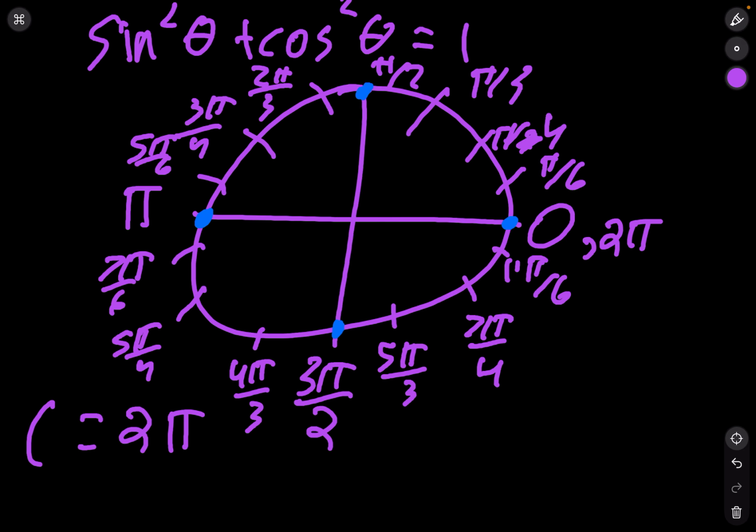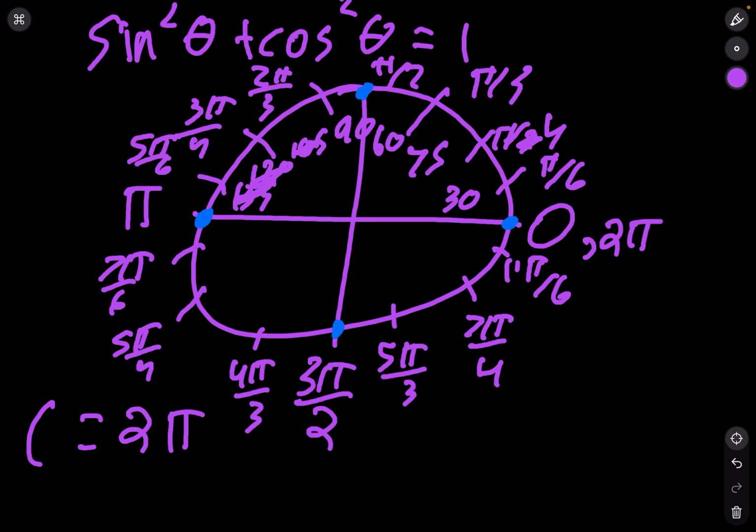Then from here, you will have 5 pi 3, 7 pi 4, then 11 pi 6. As you can see, you can see the trend and continuing patterns. We're increasing the radian every time, and at the end, you'll just have a full circle at 2 pi. So that'll be your whole circumference.